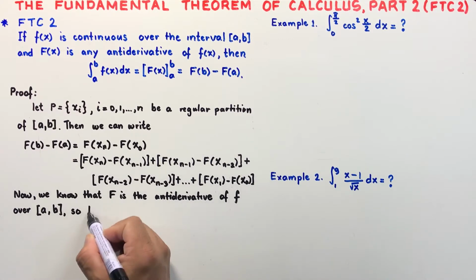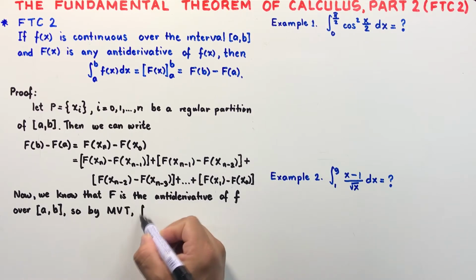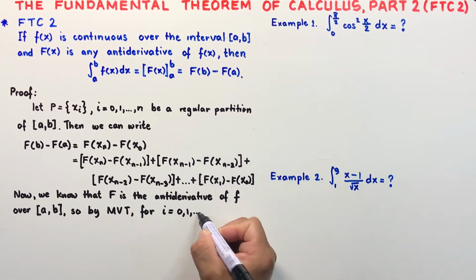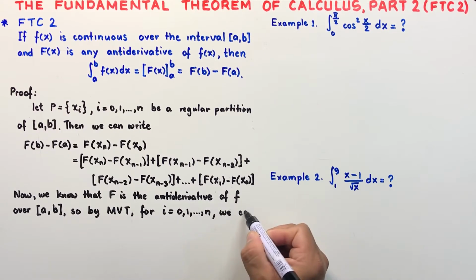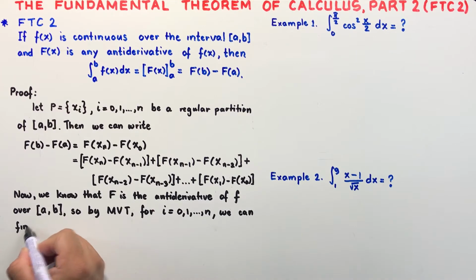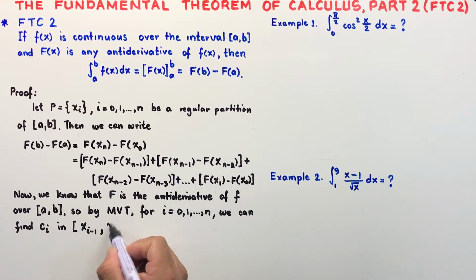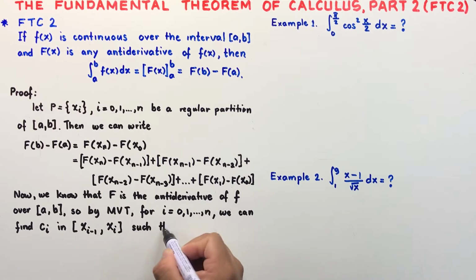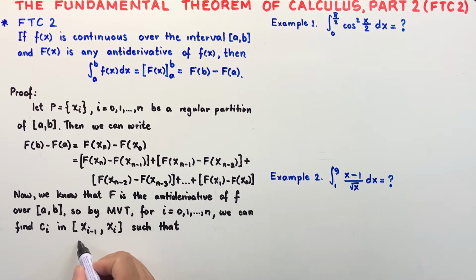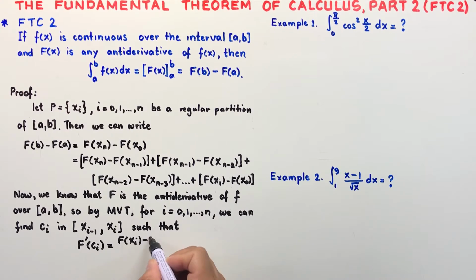So, by the mean value theorem, for i from 0 to n, we can always find c sub i for every subinterval, say x sub i minus 1 to x sub i, such that F prime of c sub i is equal to big F of x sub i minus big F of x sub i minus 1 over x sub i minus x sub i minus 1.